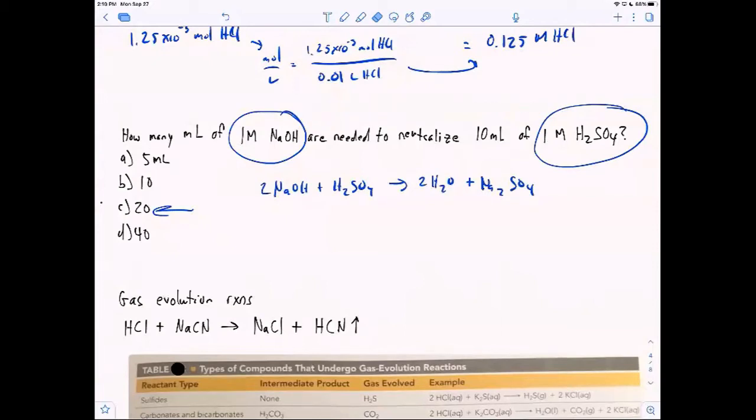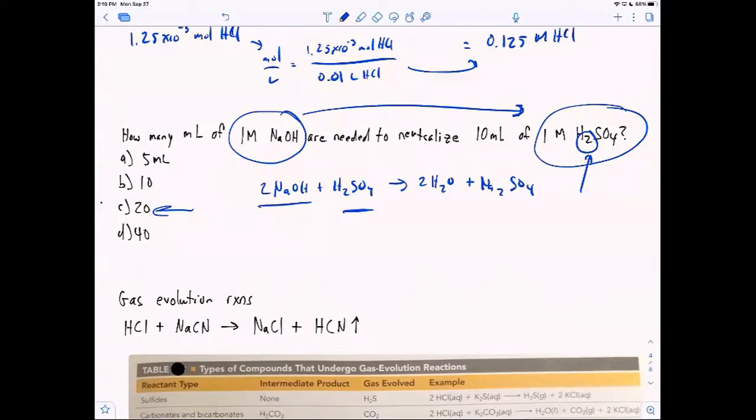I wanted you to realize that there are diprotic things. So you have the two hydrogens there, which means that you need two equivalents of the base to neutralize the acid. Because the base and the acid are not always 1-to-1. In this case, it's 2-to-1.